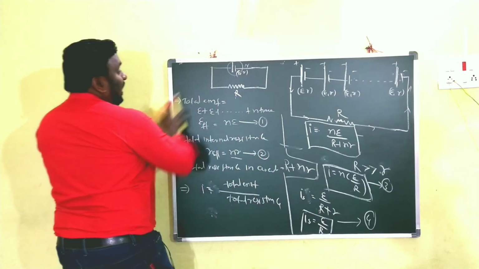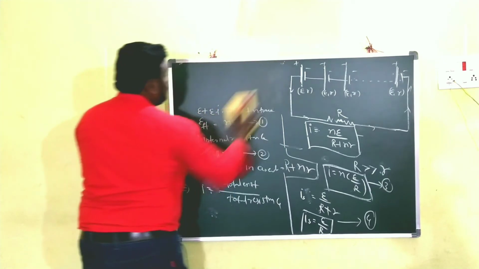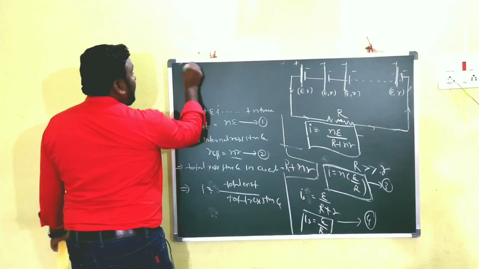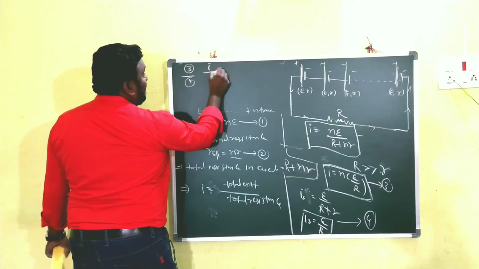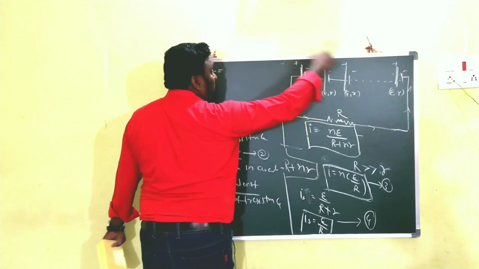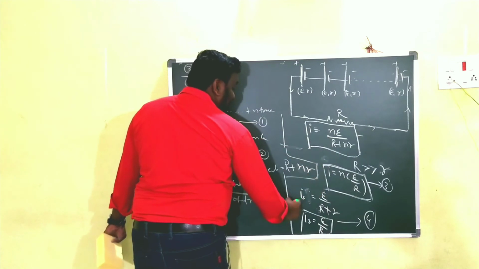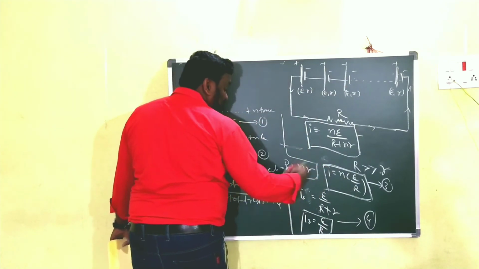Now, children, I am going to divide 3 and 4. Here, I by IS. I means the total amount of current in the series combination. IS means the amount of current in the single cell.